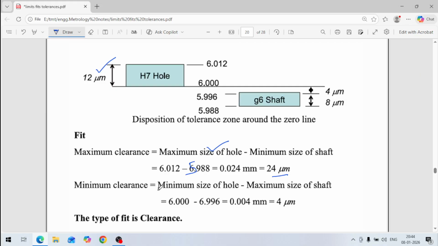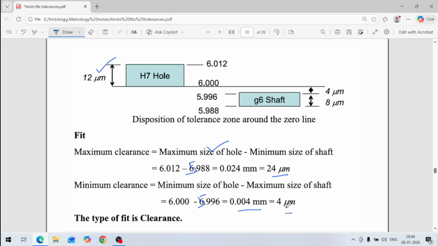And how much is the minimum clearance? It is minimum size of the hole minus maximum size of the shaft. So minimum size of the hole is 6 only, and maximum size of the shaft is 5.996. So 6 minus 5.996 becomes 0.004 mm.